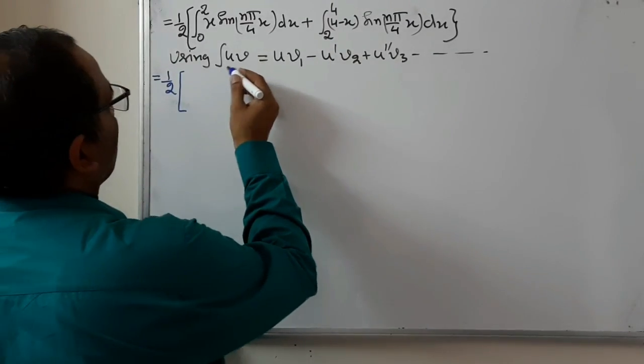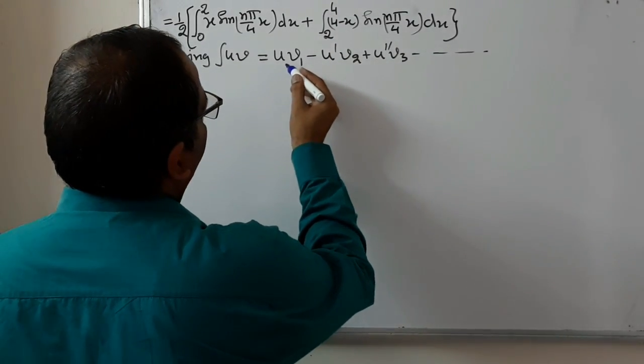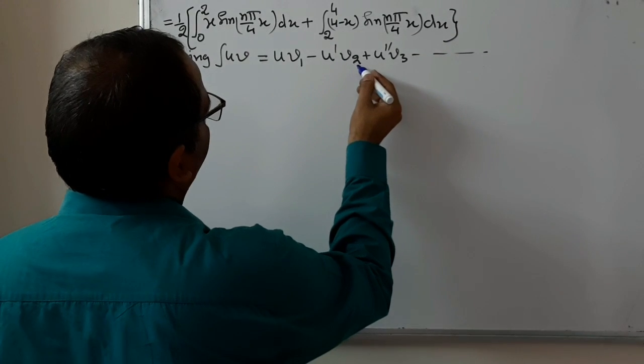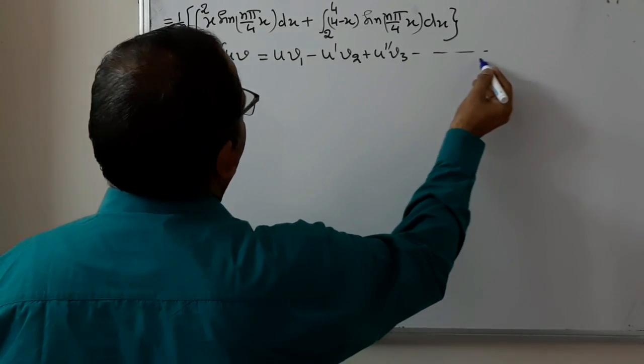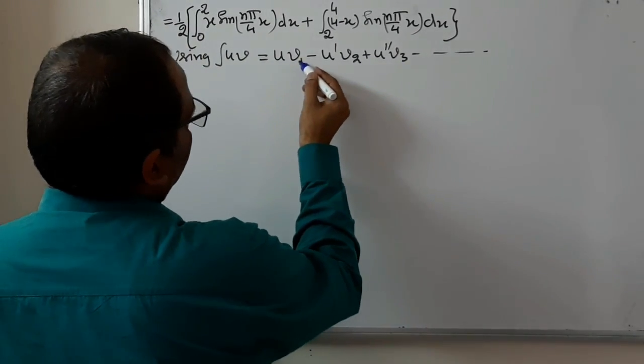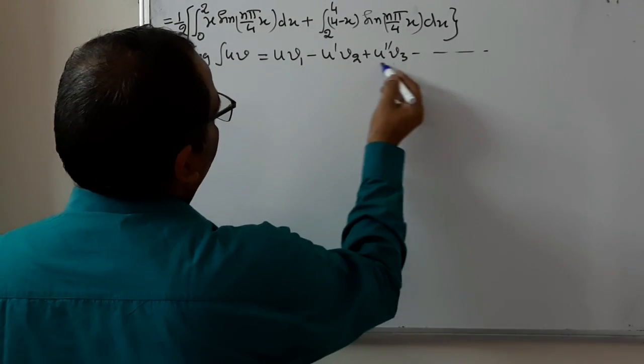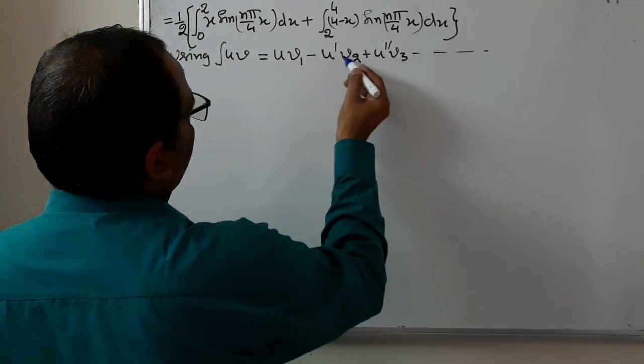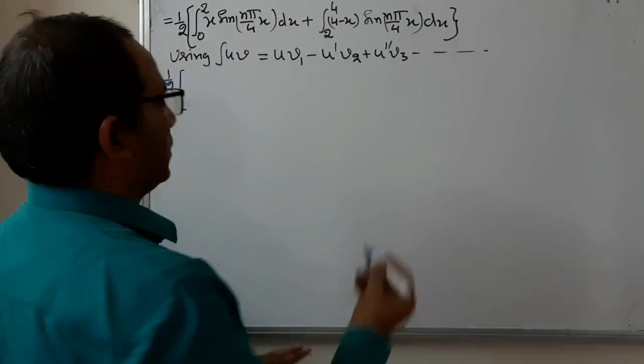Using the formula, integration of u v is equal to u v1 minus u' v2 plus u'' v3, where v1, v2, v3 are the successive integrations and dash denotes differentiation.